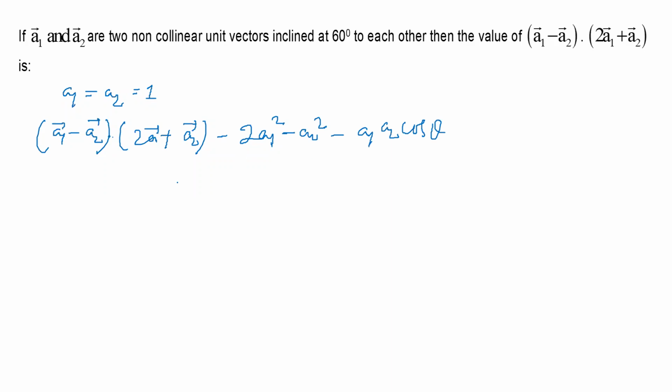So A is 1, so 2 minus 1, and minus A1 A2, 1 into 1 cos 60 degrees. Cos 60 is half, and students, it will be 1 by 2.